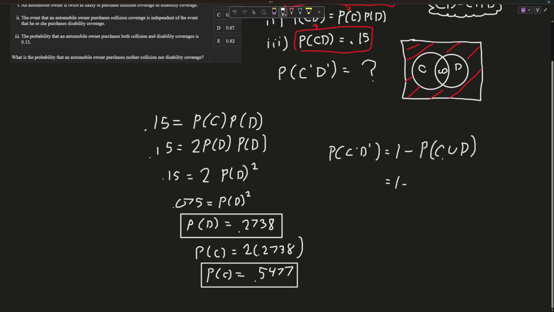And based off the definition of a union, we could plug in, it would be our PC plus PD, probability of D, minus the intersection, because we don't want to double count it.